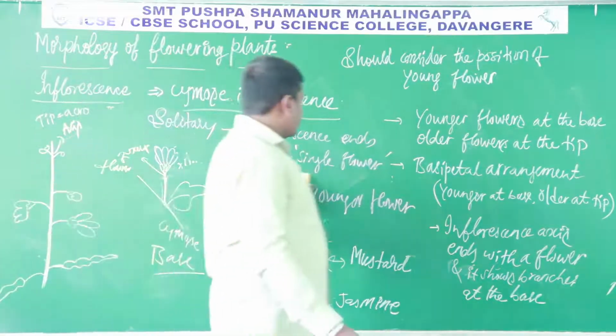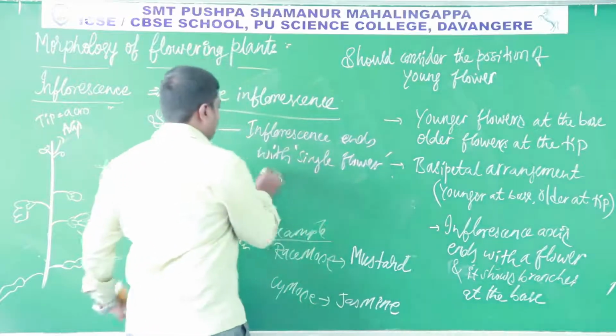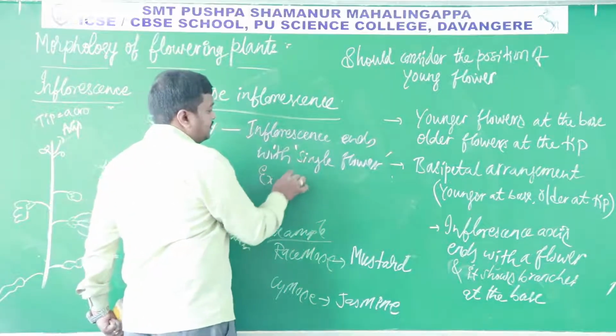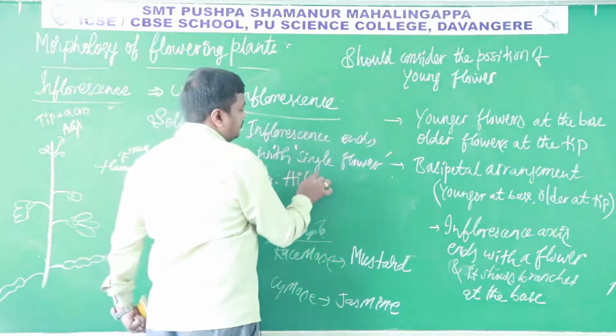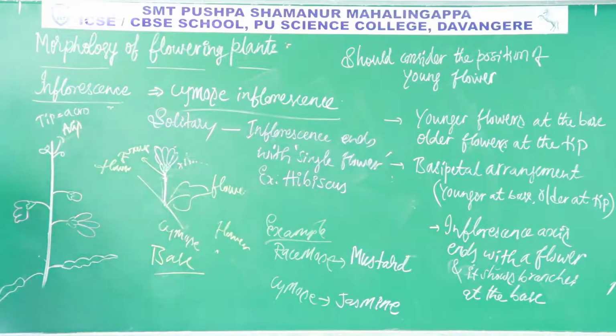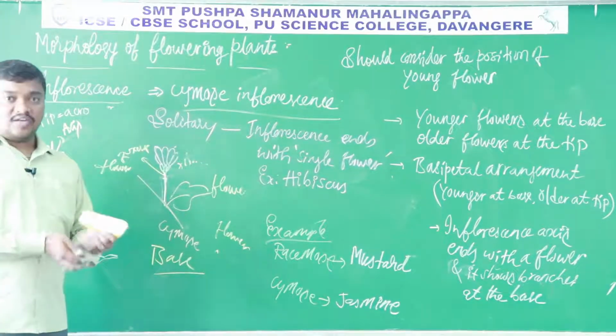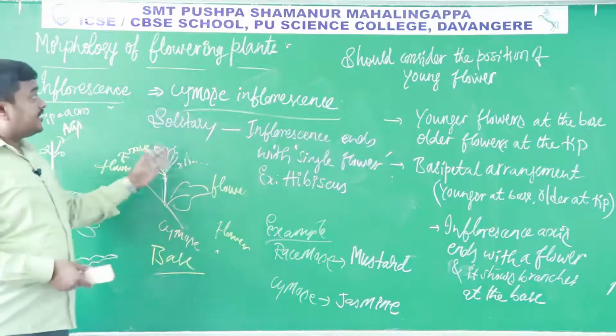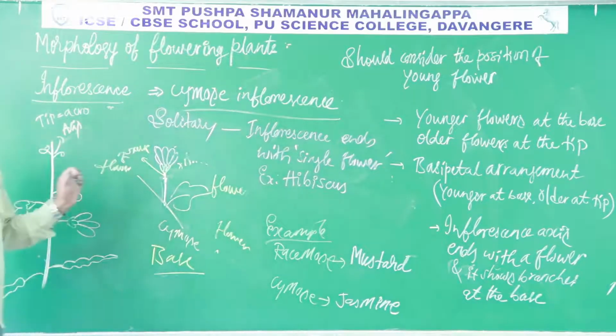In the solitary inflorescence, as we can observe in hibiscus, on the inflorescence axis there is typically one flower. Such type of inflorescence is called solitary. Solitary is a type of cymose inflorescence.